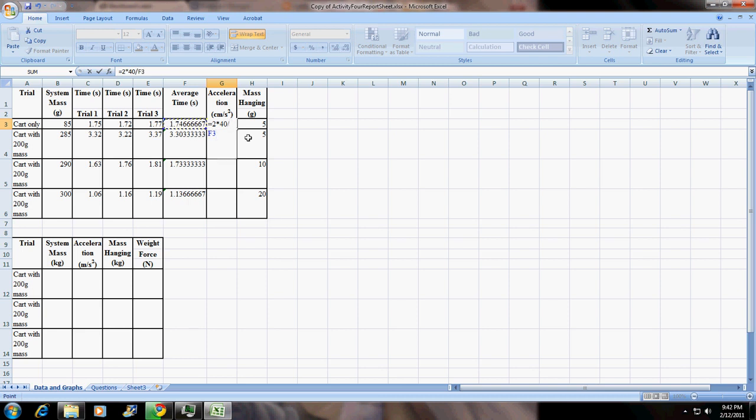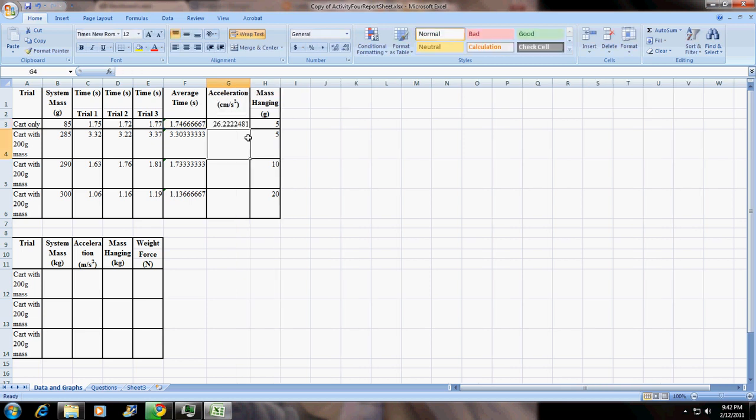So I'm going to do a shift 6, which is the caret key, and then a 2, and that gives me the square value. And again, I click here, I go to the corner so it becomes a black plus. I left click and hold it down, and I drag it down. So now I have all of the accelerations.